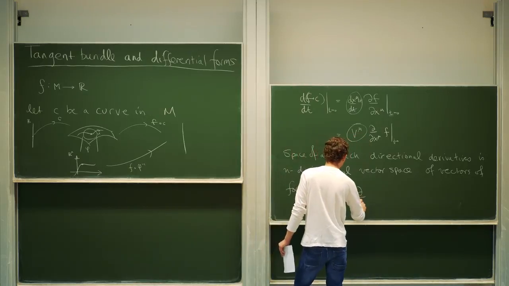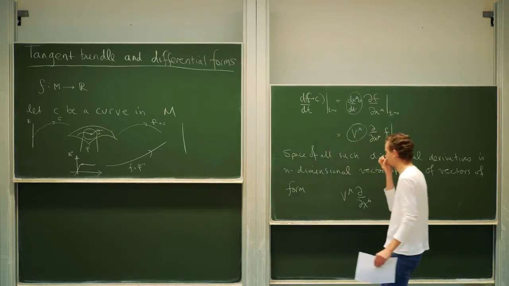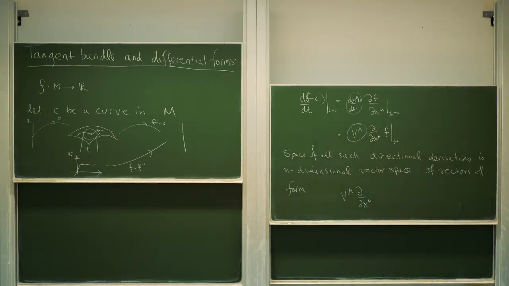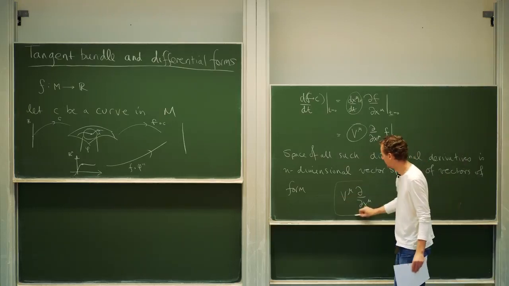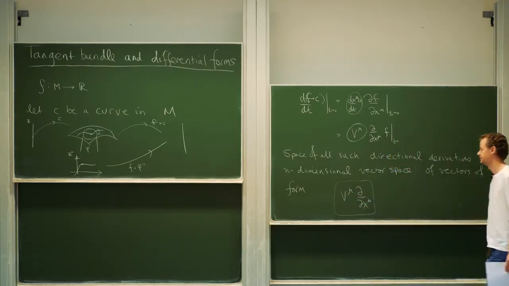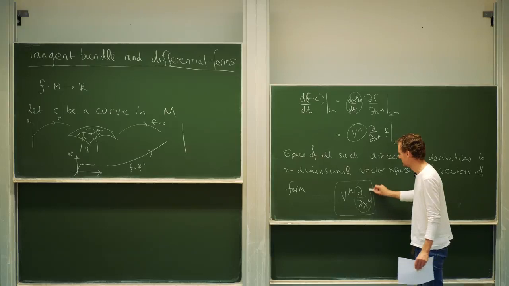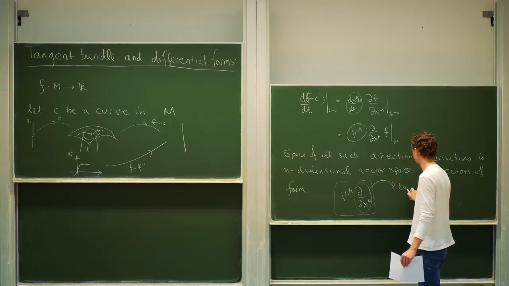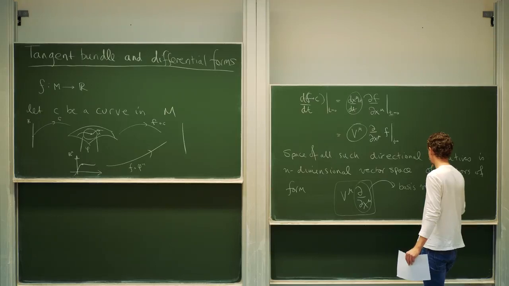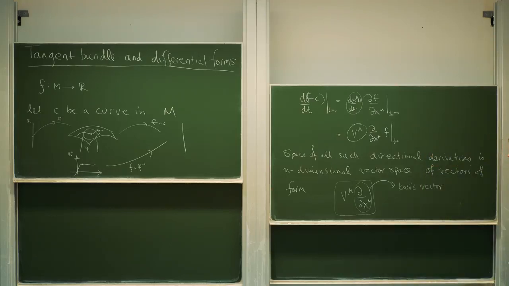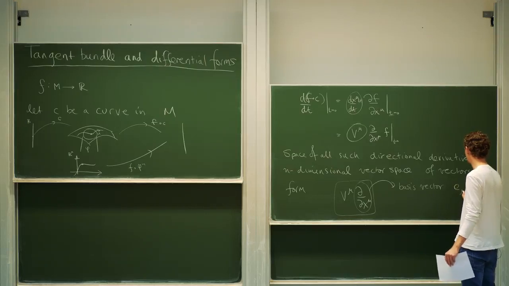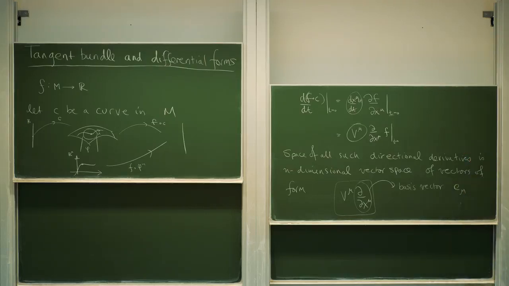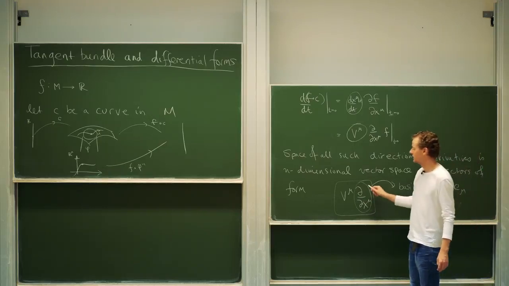And the kinds of vectors that live in this vector space, we write them in this slightly abbreviated form, like this. Now, d dx mu is like a basis vector for our vector space. And occasionally, we'll use the notation e mu for that differential operator here.